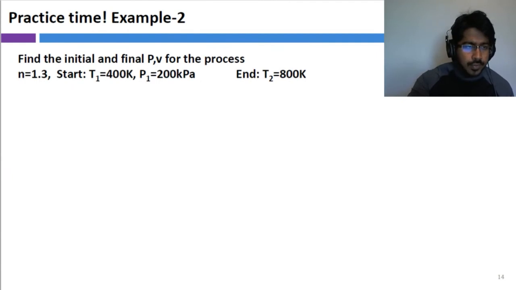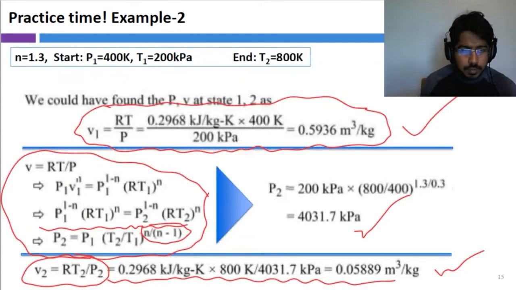So now find the initial and final pressure and specific volume for the process. To calculate the initial specific volume, we have the temperature and pressure given, and we have been asked to assume ideal gas behavior. And even if not asked, for inert gases like hydrogen, it's fair to assume ideal gas behavior.